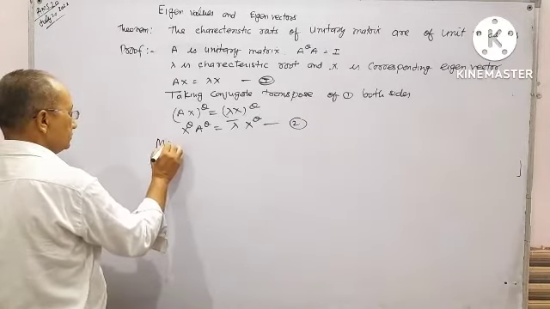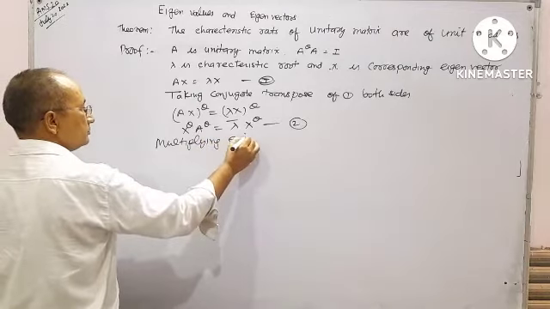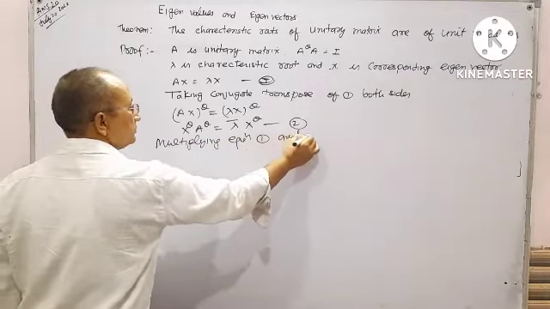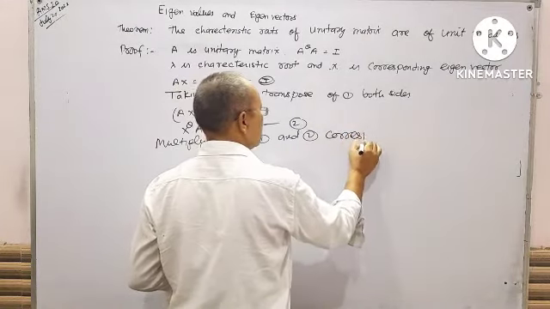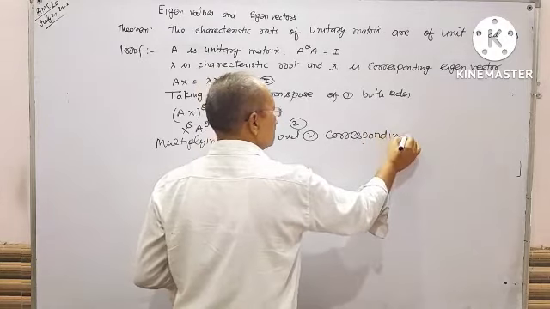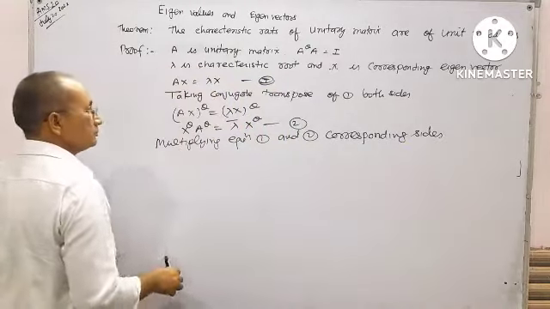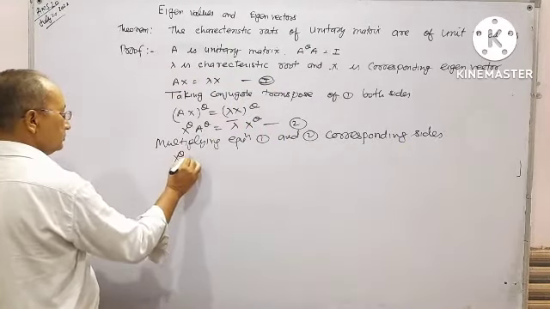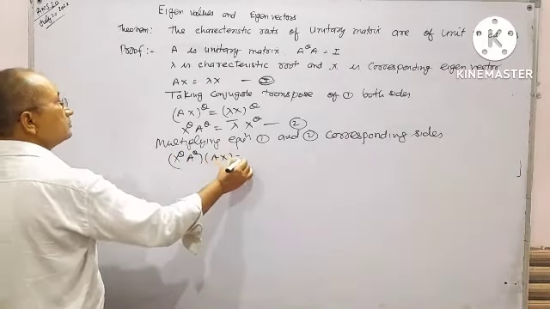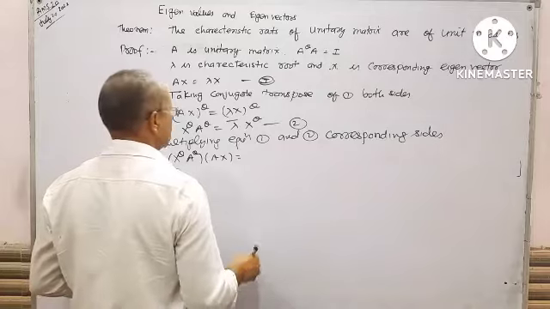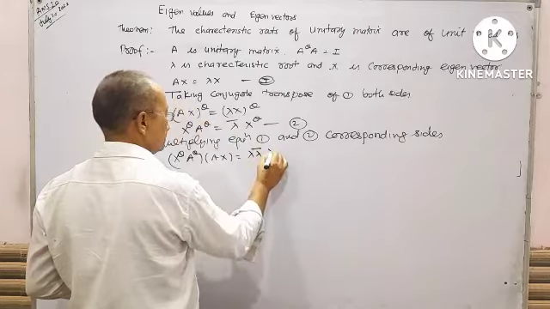Multiplying equations first and second corresponding sides, x theta A theta Ax equals lambda conjugate lambda x theta x.